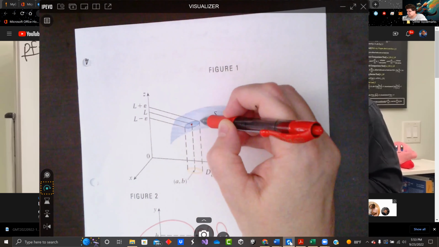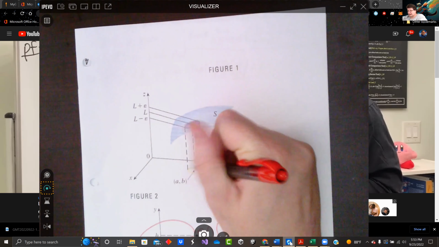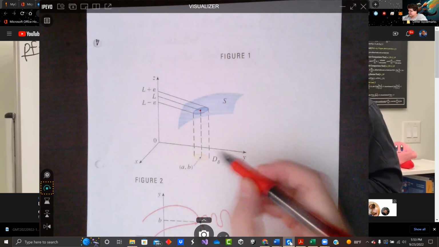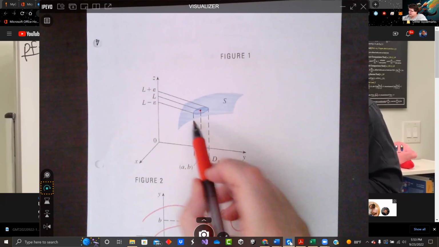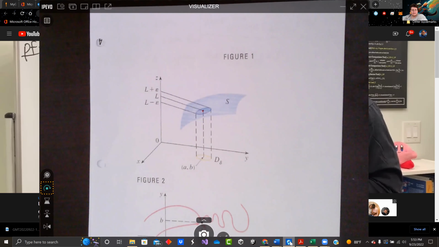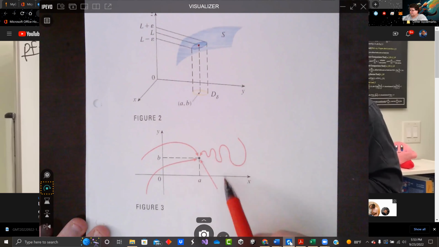And that's going to generate a distance delta in the XY plane down below. So we have a distance delta down here, and it's doing some radius right there. That's why we have the square root of x minus x naught squared plus y minus y naught squared. Again, we're trying to show that any path, no matter what path we take, we get to the same limit.